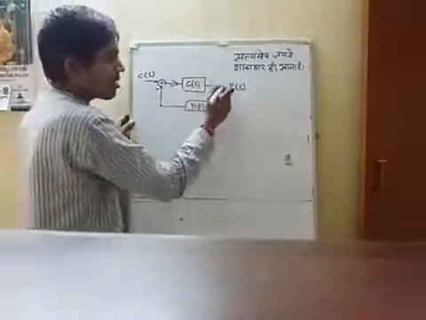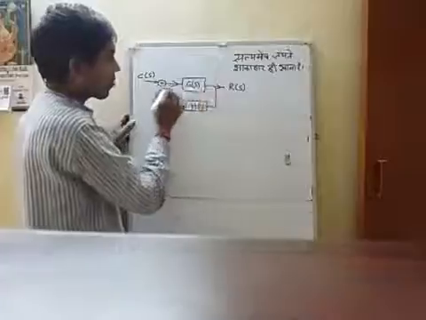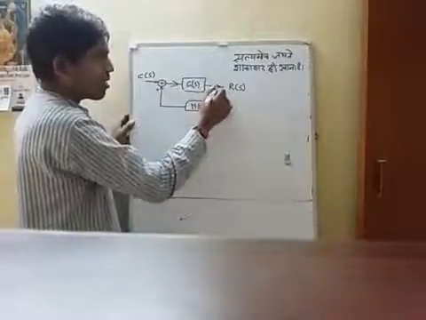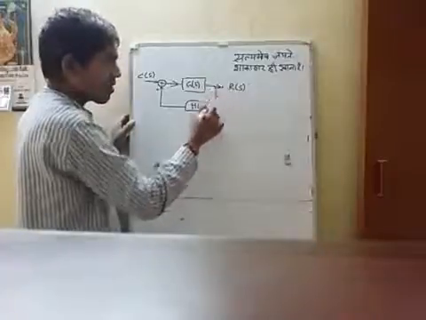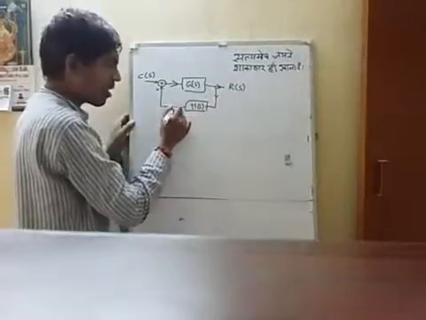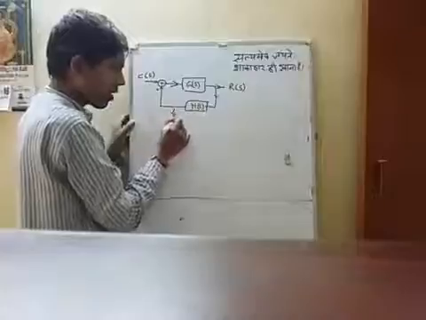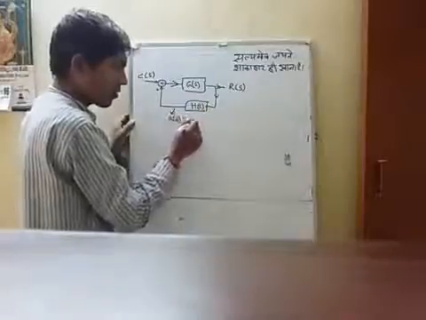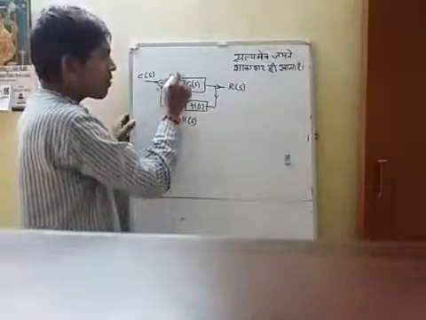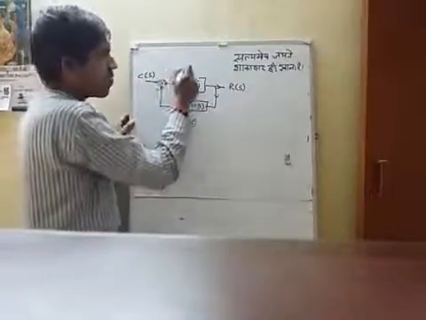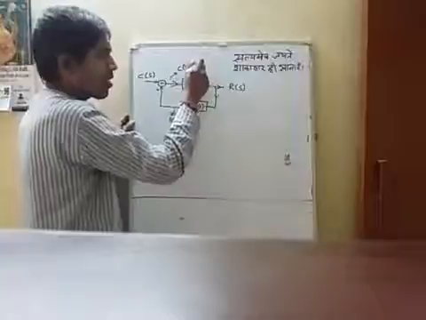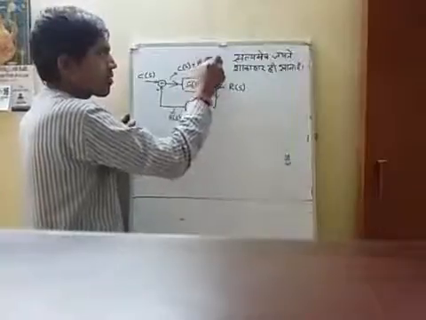Now in this case I can write something like this. R of s is going that side. That means r of s is also coming here. Because r of s is coming here, what will we have here? Here we will have r of s into h of s. Now what we will have here is the question. C of s plus this. So here we will have c of s plus r of s h of s.